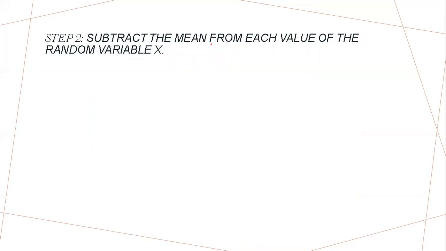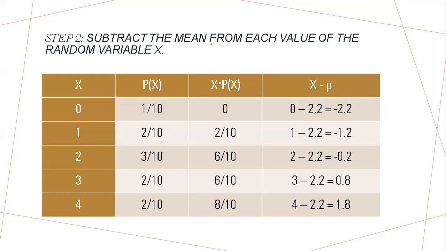So sabi ng step 2, we're going to subtract the mean from each value of the random variable x. Okay? So isa-subtract natin yung nakuha natin mean kanina 2.2 doon sa ating random variable x. Ito na siya. So nadagdag ulit tayo ng another column to the right, okay, which is the formula: the random variable minus the mean.